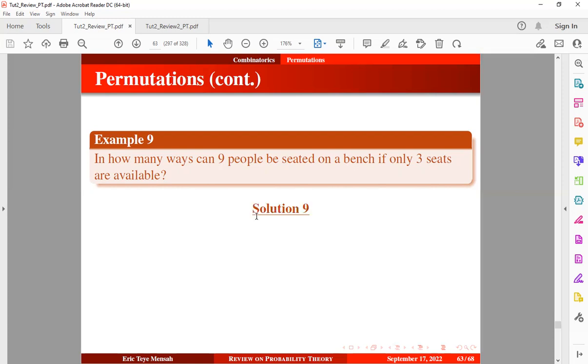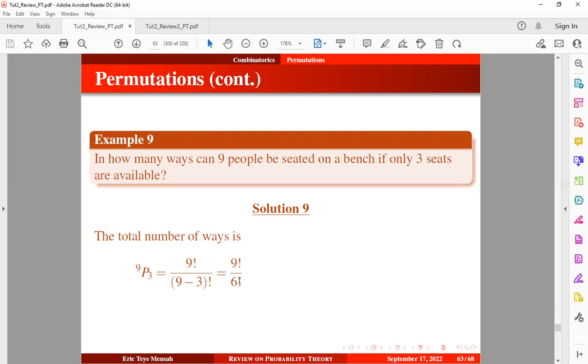So let's take a look at the solution. The total number of ways we can have 9 people seated if there are only 3 seats available is 9 permutation 3. So we want to arrange 9 people, picking 3 at a time. This is equal to 9 factorial divided by 9 minus 3 factorial.